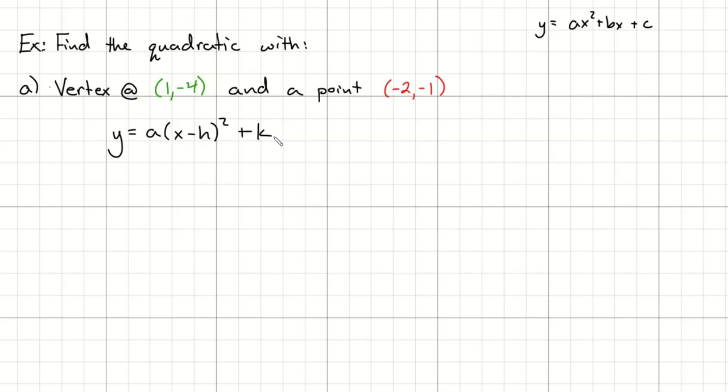Do I know what h is? 1. h is 1, and what's k? So we're going to take 2 steps for this. But at this point in time, I'm going to rewrite this entire thing, and I'm going to leave it blank because I'm going to match my colors. I know that I get y is equal to a times (x minus 1) squared, plus k is what?